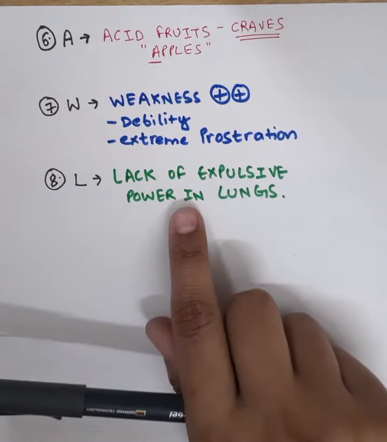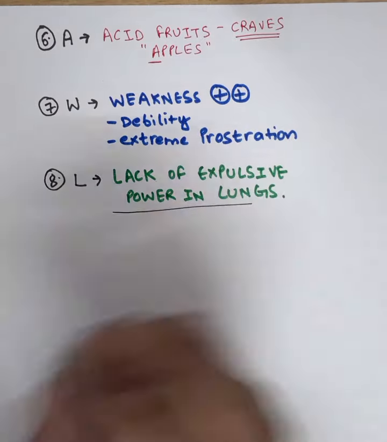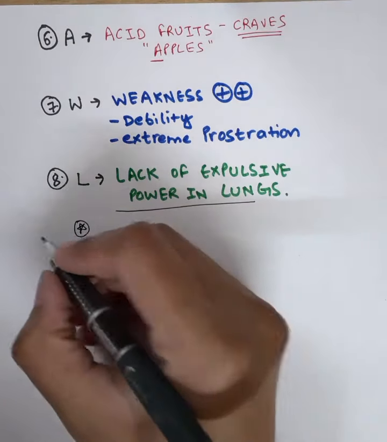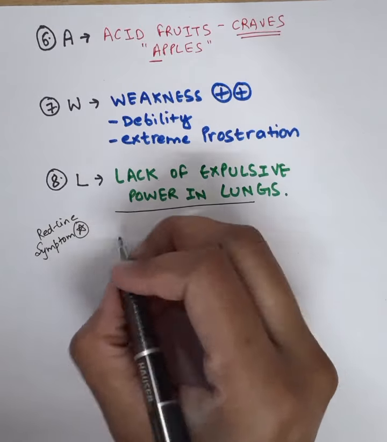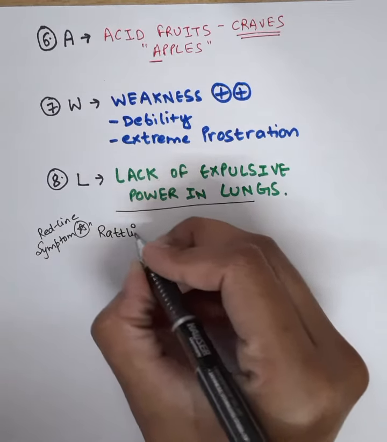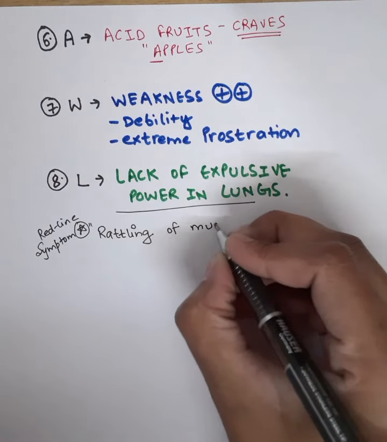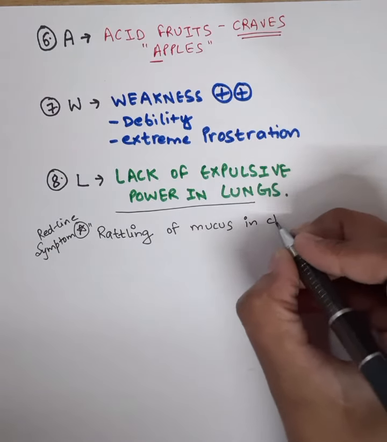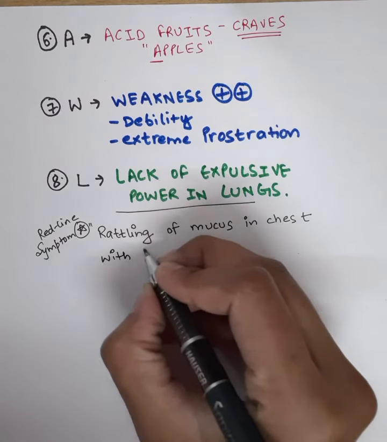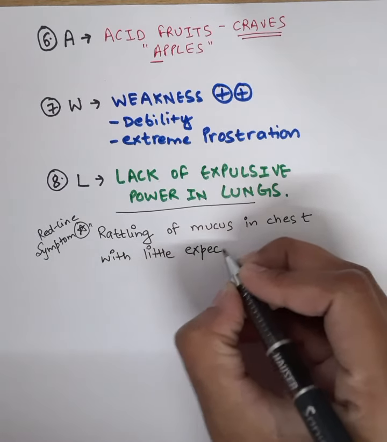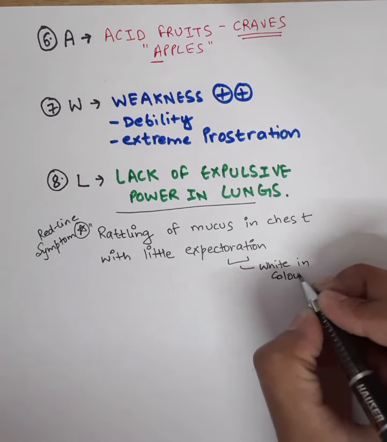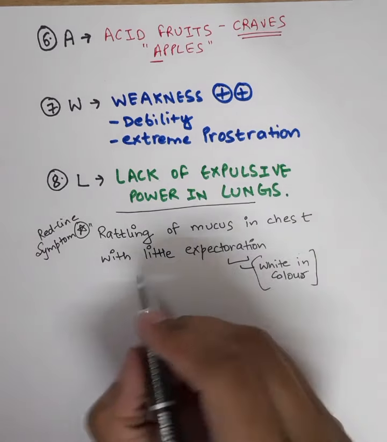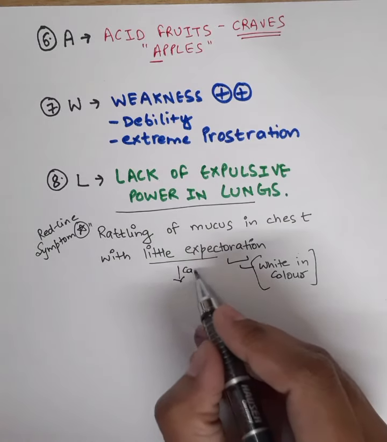Now I would like to elaborate some more on this symptom, lack of expulsive power in lungs. This is the red line symptom of the medicine. Here we have rattling of mucus in chest or lungs with little expectoration. The patient tries and coughs so badly, and after so much time a little expectoration comes.